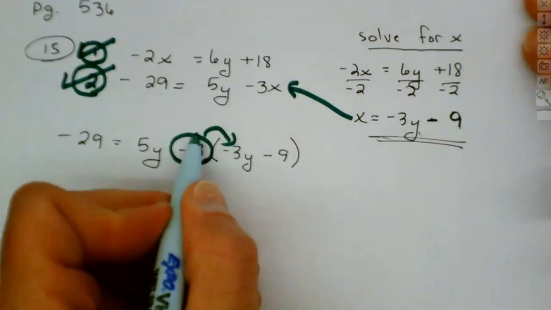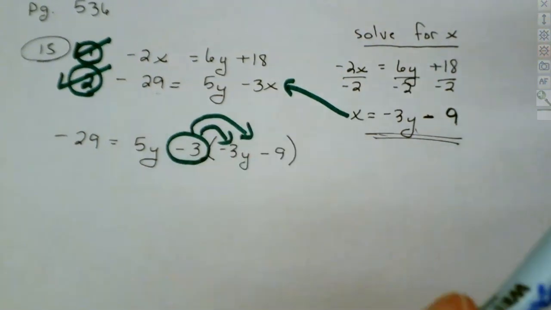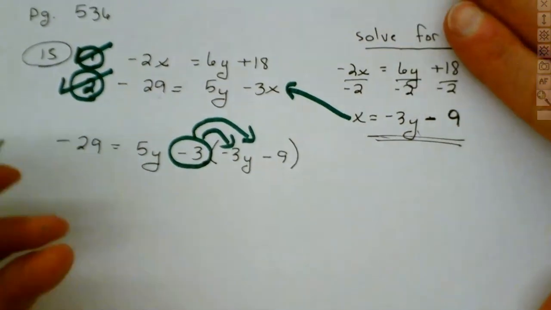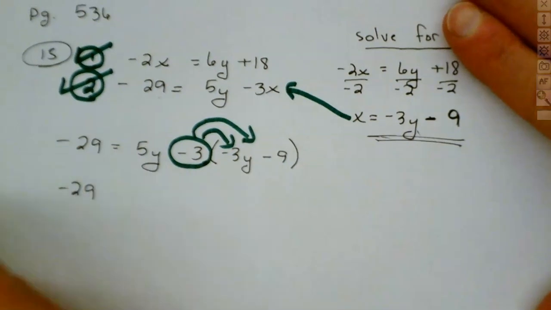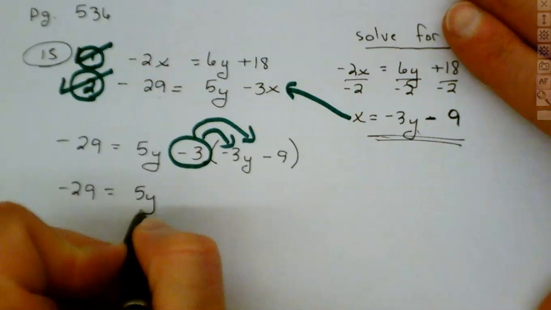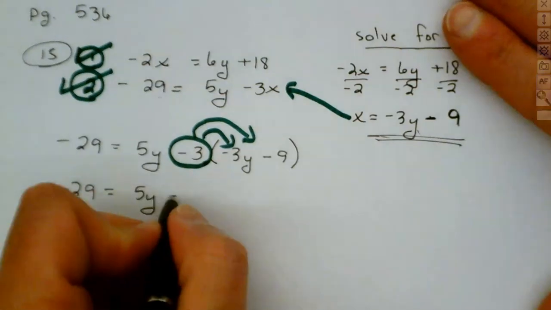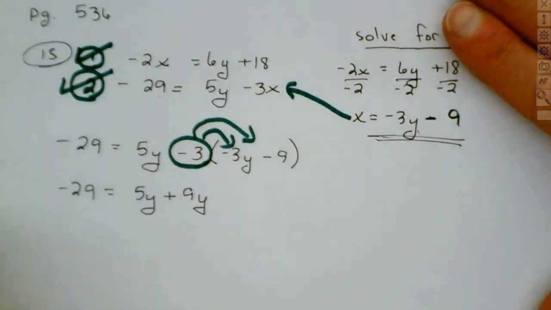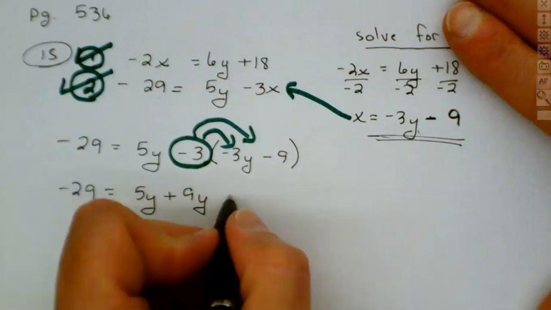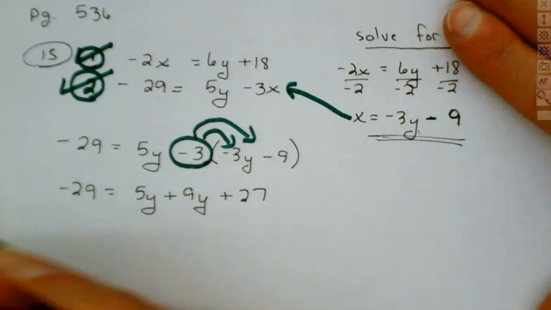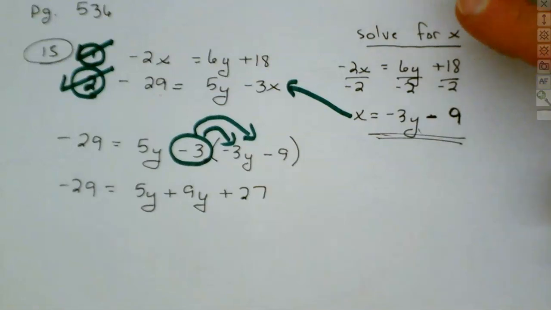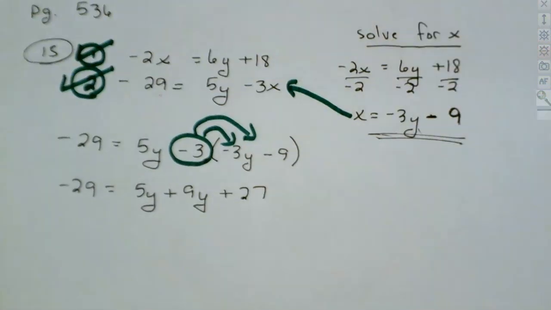So we can distribute that negative 3 through. And we've got negative 29 equals now 5y. Negative and negative makes it a positive 9y. Negative and negative makes it a positive 27. We'll finish it by adding those together.